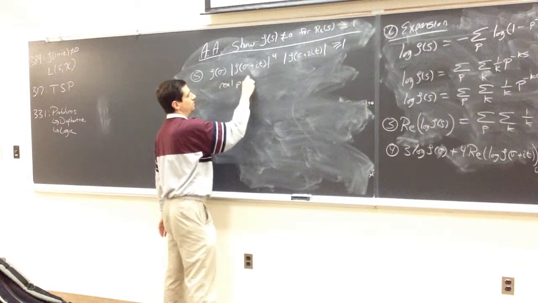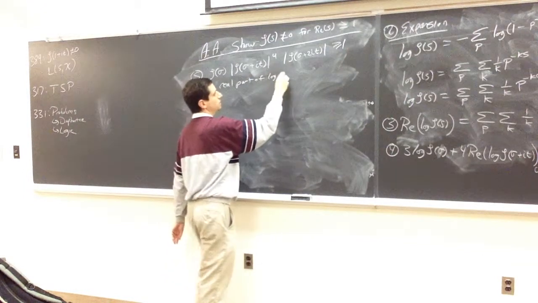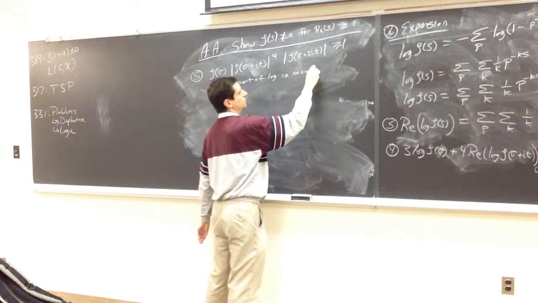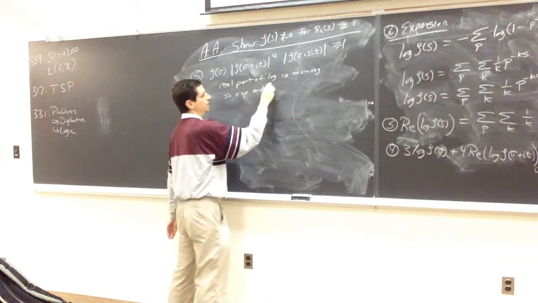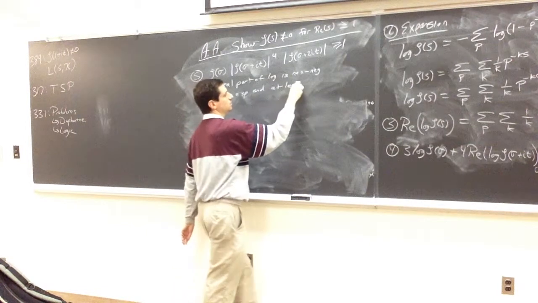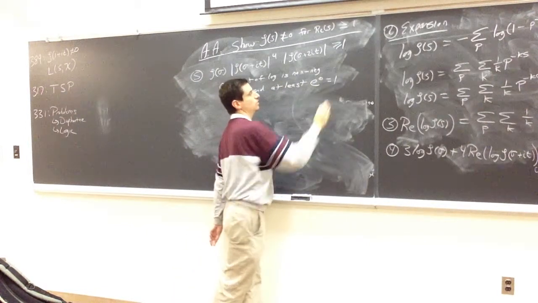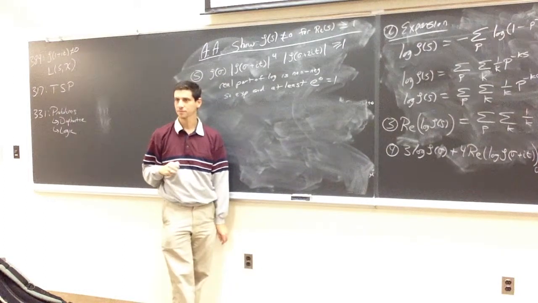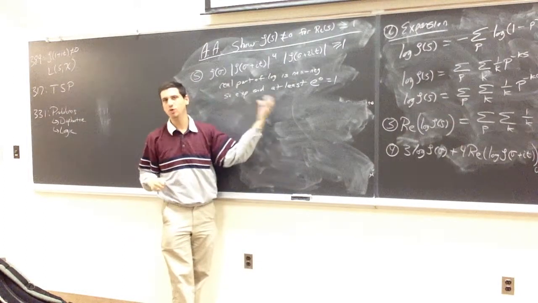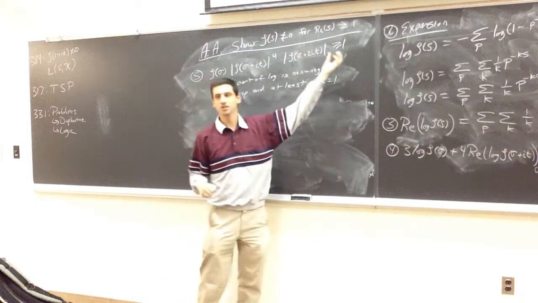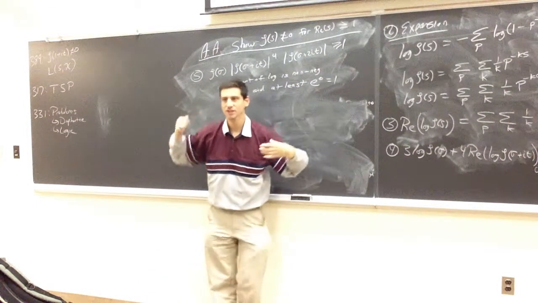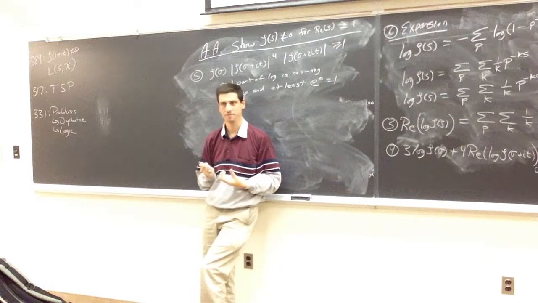The real part of the log is non-negative, so exponentiate and it's at least e to the 0, which is 1. Now, hopefully it's clear why we were doing all of this. The great idea was to look at this combination of zeta values together.